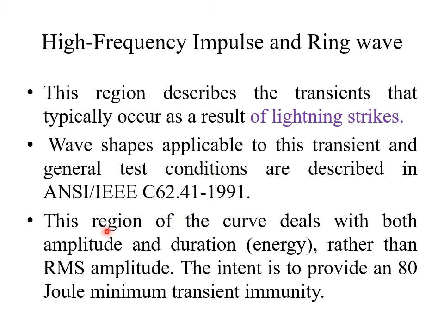Okay, and normally the vertical axis of the ITIC curve is represented in terms of percentage of voltage, not RMS amplitude. And here you can provide that the limit can be an 80 joule minimum transient immunity. Okay, so this is the standard 80 joule minimum transient immunity in terms of high frequency impulse and ring wave.